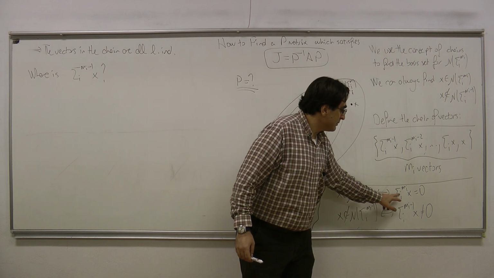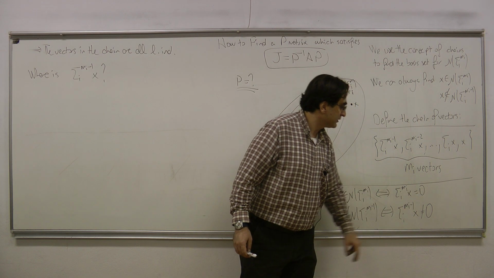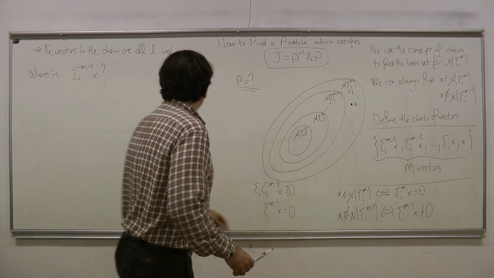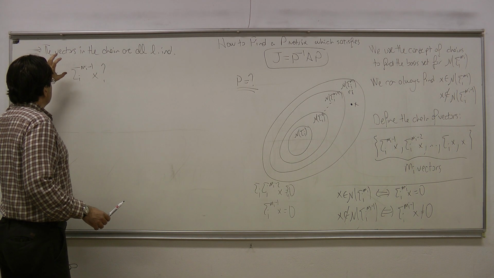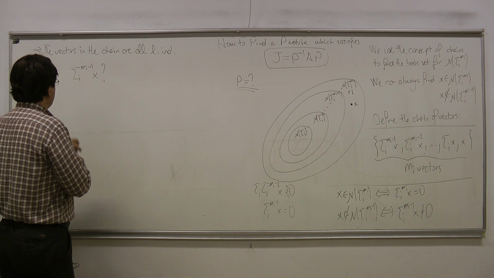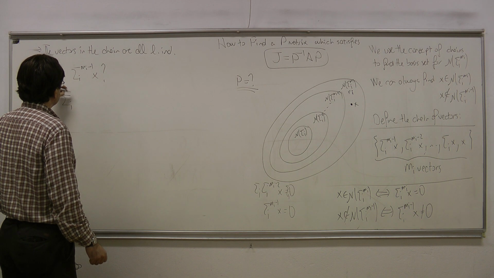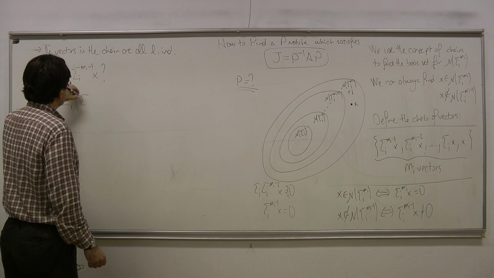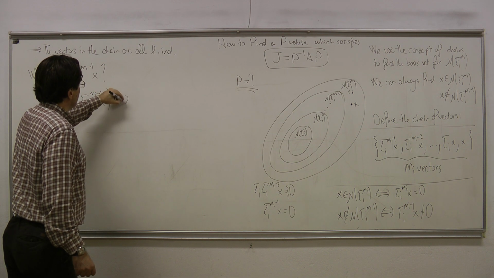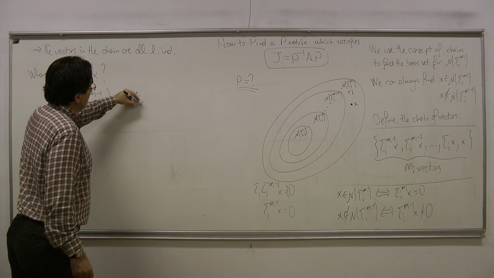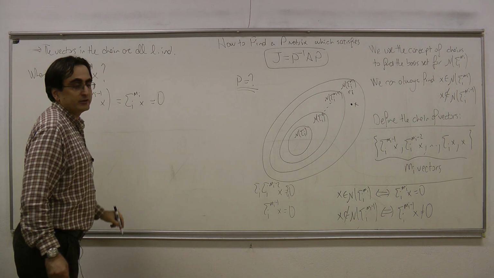But you see that sigma I to the mi times x is equal to 0. So if I multiply this vector from the left with the matrix sigma I, then the result should be equal to 0. Sigma I times sigma I to the mi minus 1 x is equal to sigma I to the mi x, and this should be equal to 0.